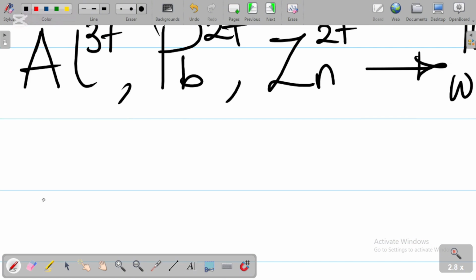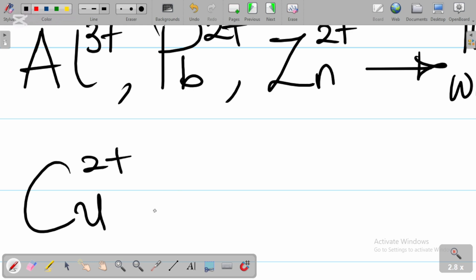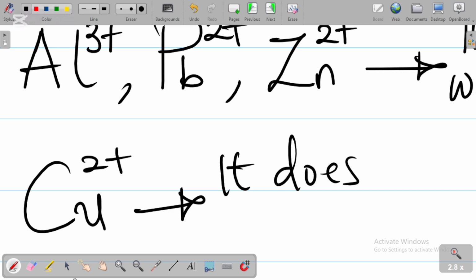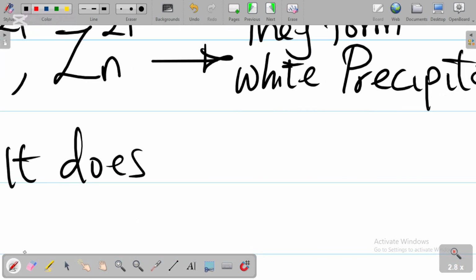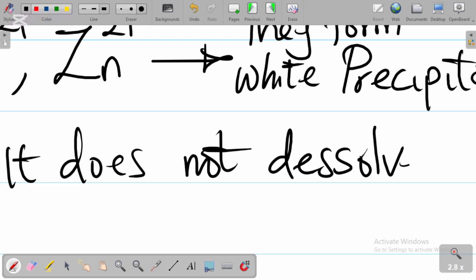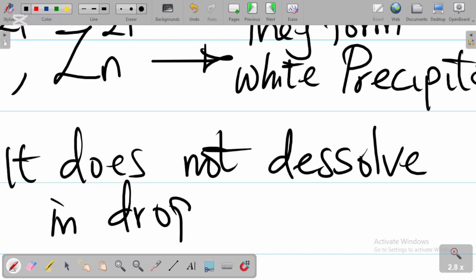And then also take note of this. Copper 2 ion does not dissolve in drops. It does not dissolve in what? In drops.